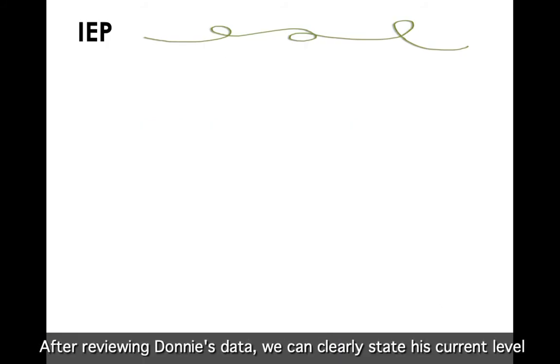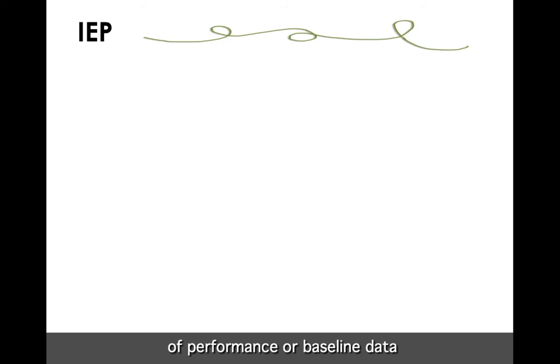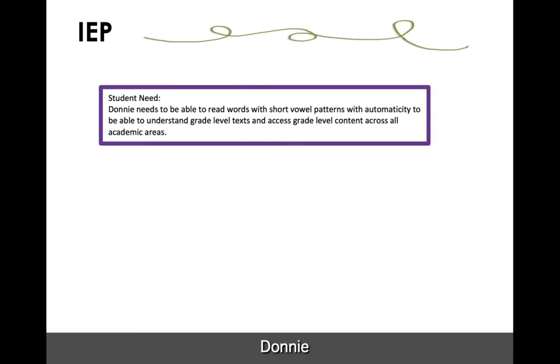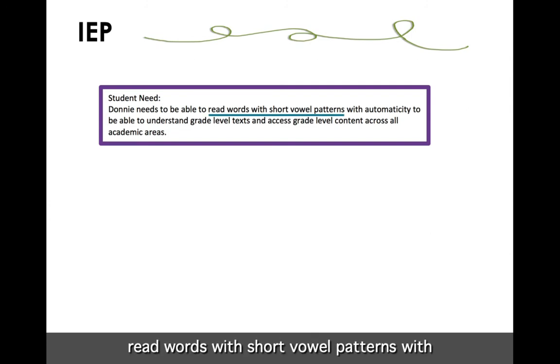After reviewing Donnie's data, we can clearly state his current level of performance, or baseline data, and the student need. Donnie needs to be able to read words with short vowel patterns with automaticity, to be able to understand grade level texts and access grade level content across all academic areas.